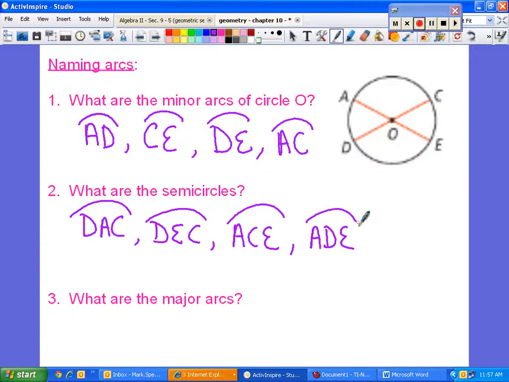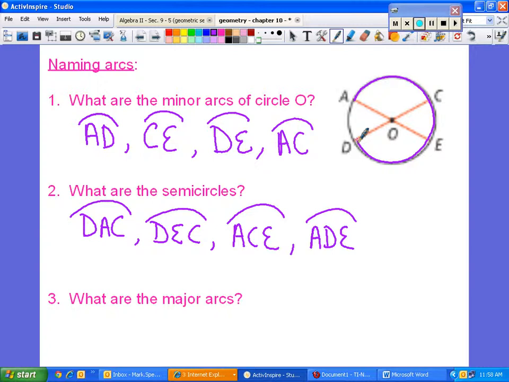Now, major arcs are greater than 180 degrees, because that's how big a semicircle is. So now we would start with A, so A, C, all the way around to D. No, just the starting point, the ending point, and a point in the middle.